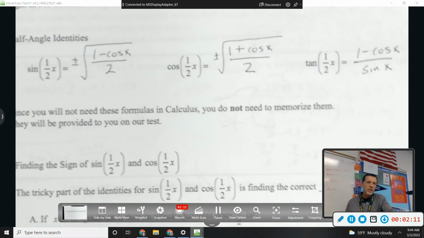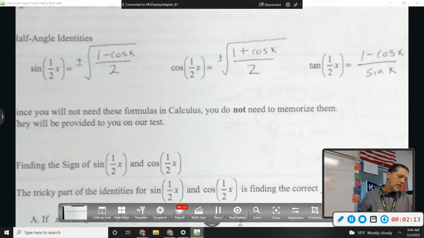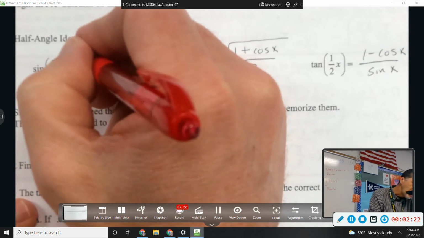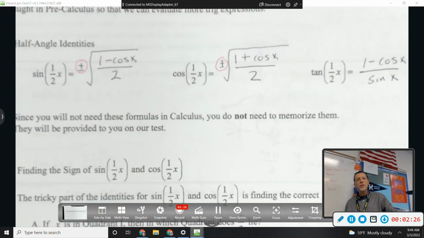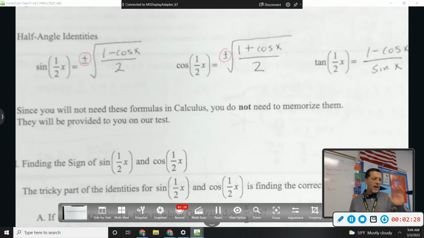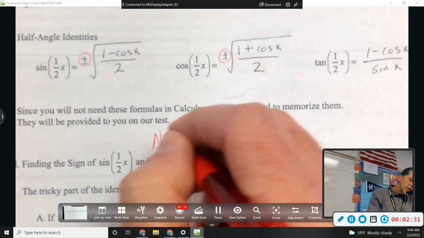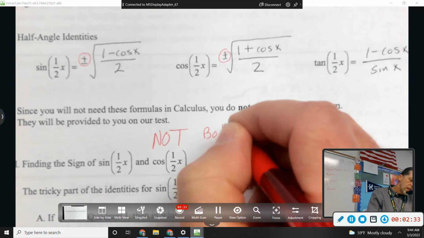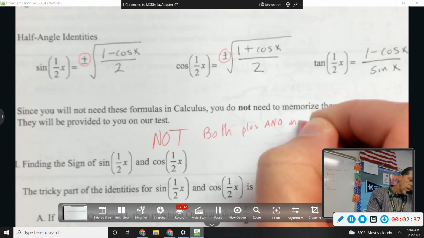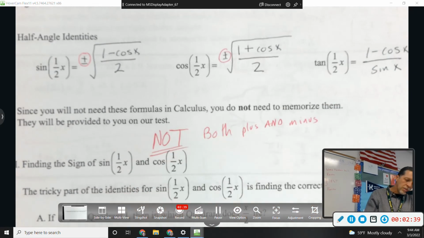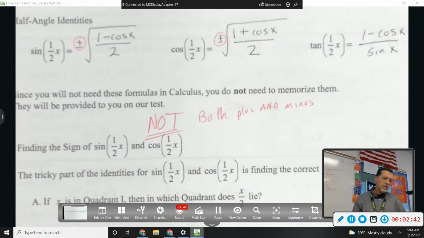Now, the big deal with these, in some ways, they're just like all the other formulas. Draw the picture, plug it in, work it out, no big deal. But these have an extra layer on them, and that's the plus or minus, because it is not both plus and minus.